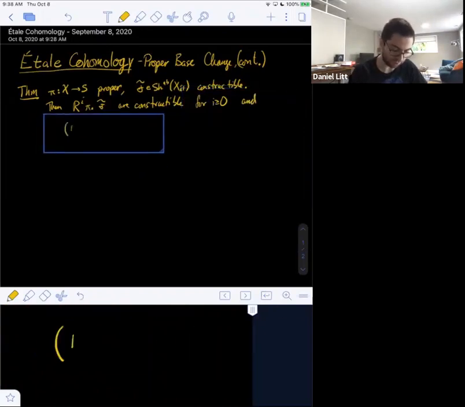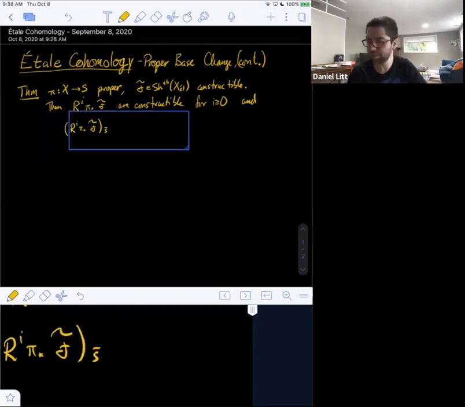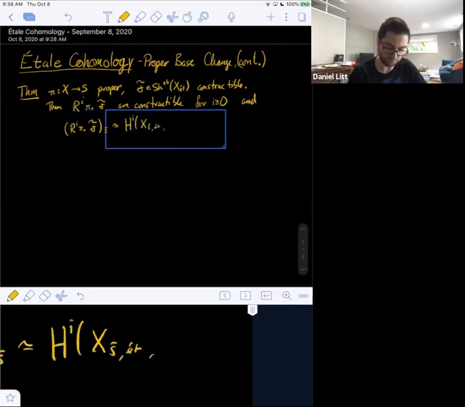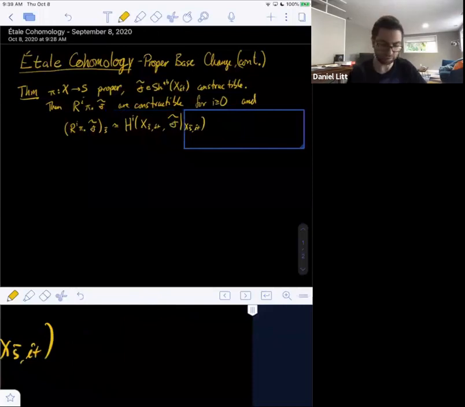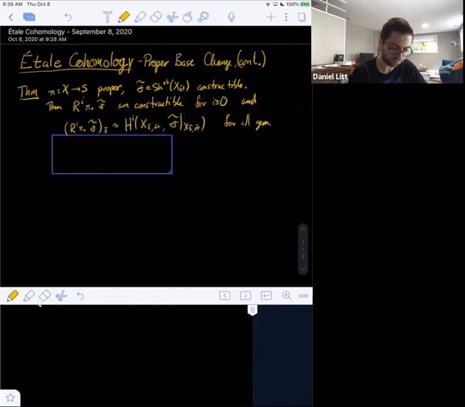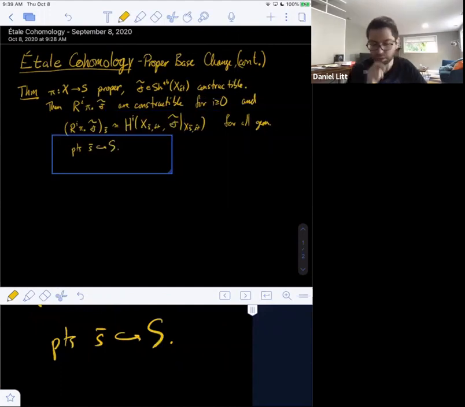So the stalk of R^i π_* of F at some geometric point s̄ of the base is isomorphic to the cohomology of the fiber over s̄ with coefficients in F restricted to that fiber. Great, and this is true for all geometric points s̄ in S.